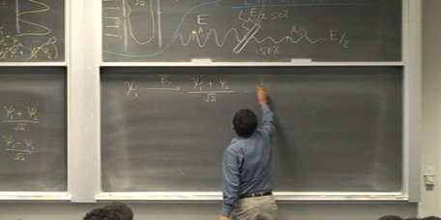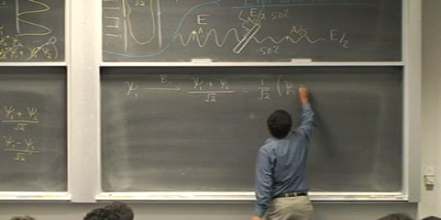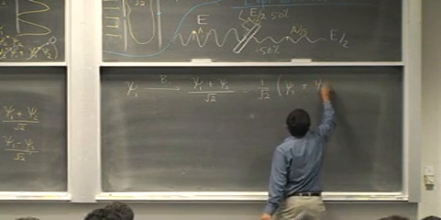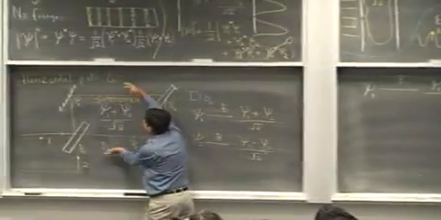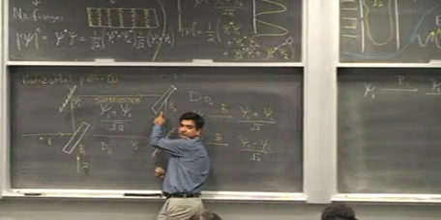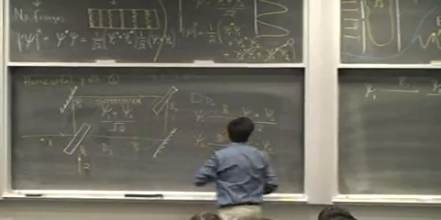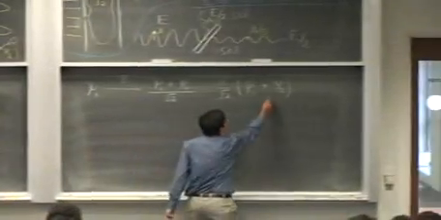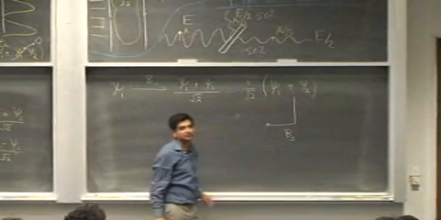I can also write this as 1 over under root 2 psi1 plus psi2. And now this entire field sees a second beam splitter. So I apply the second beam splitter onto this wave function.